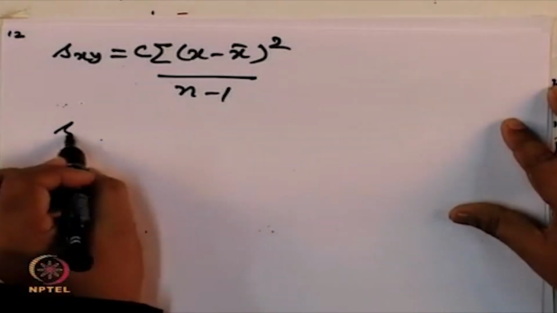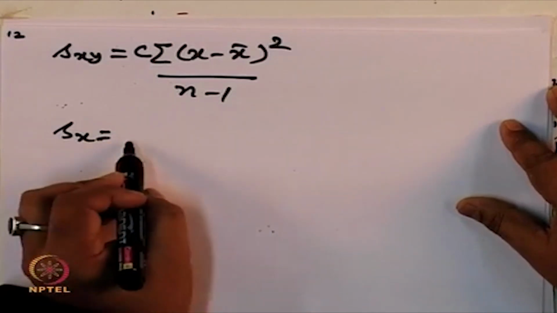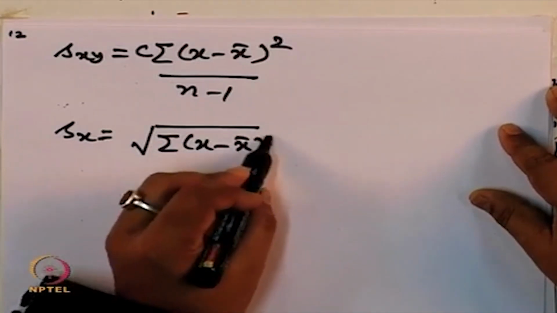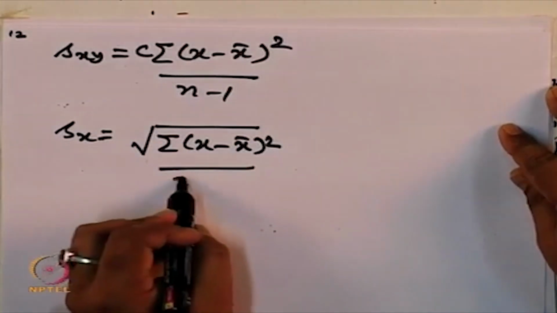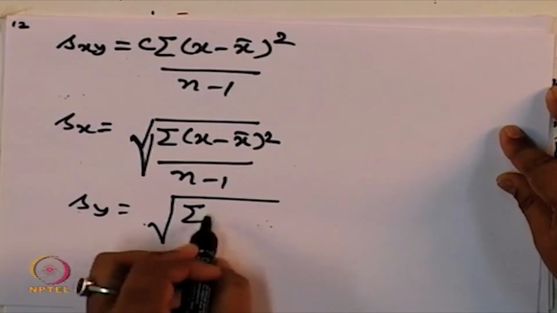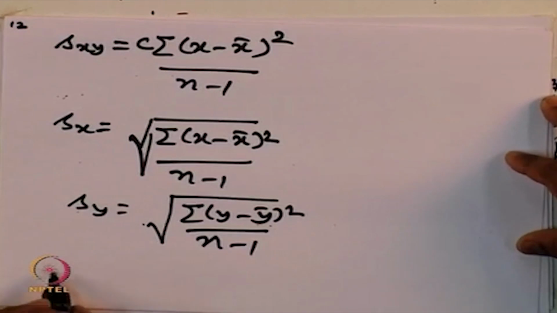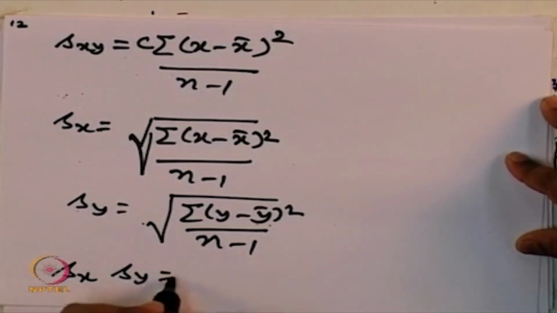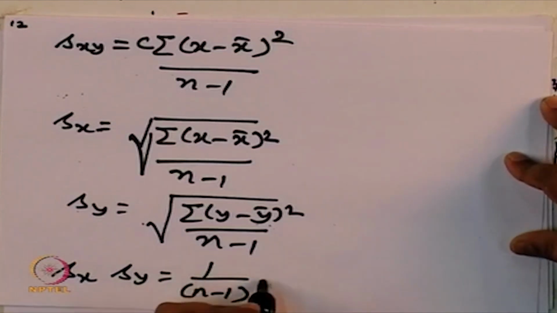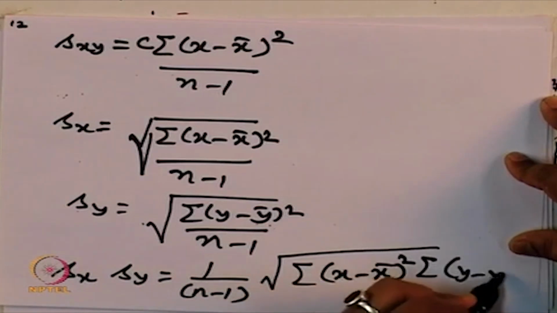Now, Sx is the root of summation x minus x bar whole square by n minus 1, and Sy is equal to the root of summation y minus y bar whole square by n minus 1. So, Sx into Sy will give me, taking out n minus 1 common, the root of summation x minus x bar whole square into summation y minus y bar whole square.